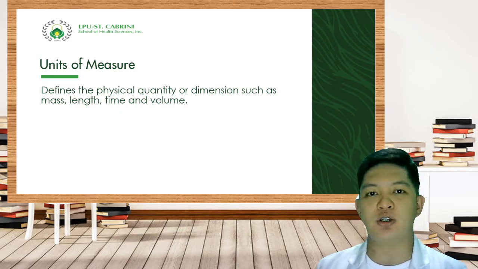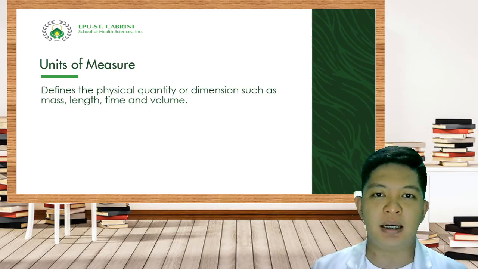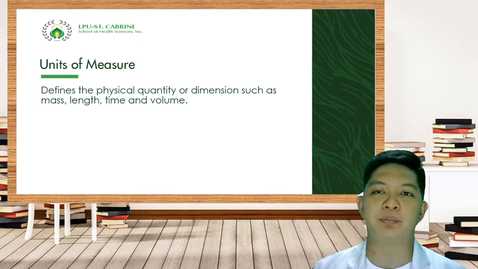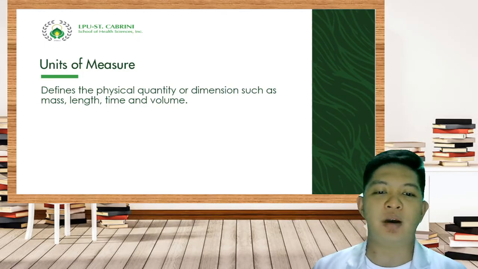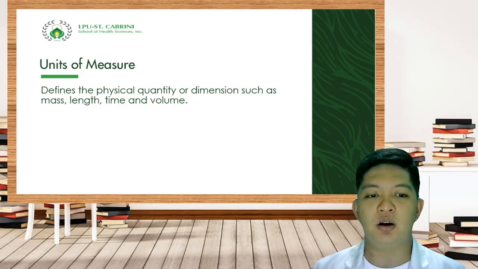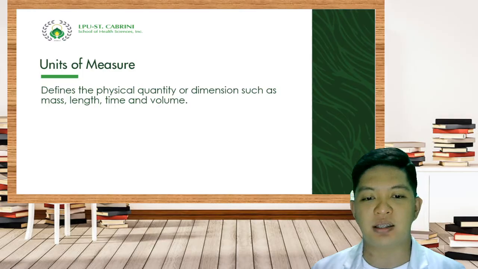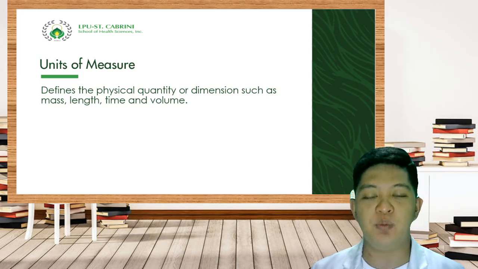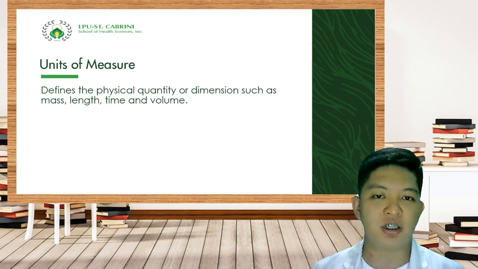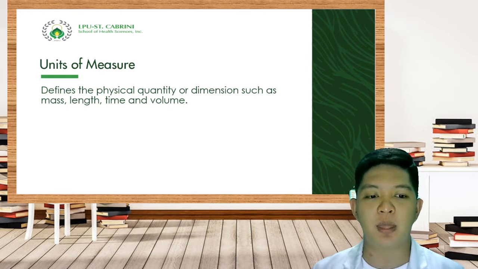What is the application of units of measure in the clinical chemistry laboratory? When we say units of measure, it defines the physical quantity or dimension, such as mass, length, time, and volume. We have what we call the conventional or traditional units, and we have what we call the international units.